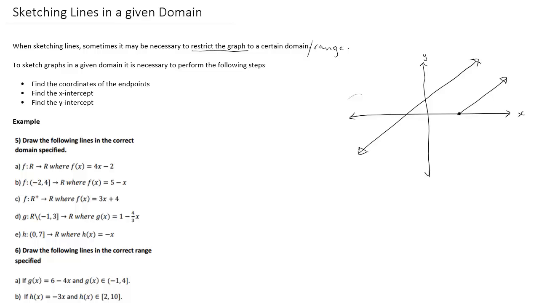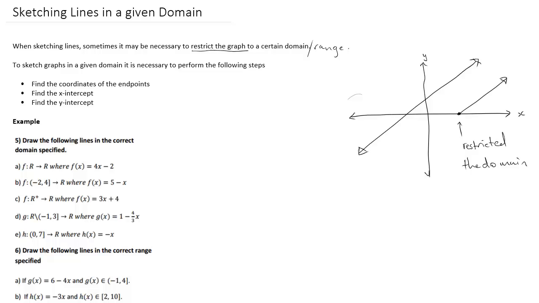So now you have actually restricted the domain. The domain looks at the X values. You've also restricted the range because there is a whole lot of Y values that are not there anymore. So you can say that you've restricted the domain, or you can say that you've restricted the range.